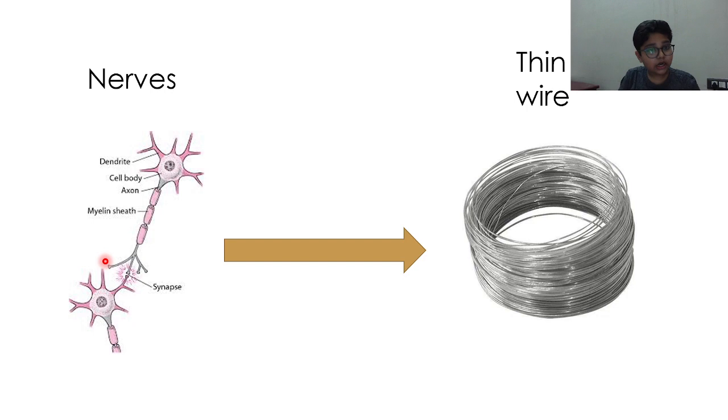So the signal is not out in the open as it goes, but the signal is moved from one nerve to another. Don't be confused, the signal goes through nerves only, and those nerves act as thin wires which carry that signal to the spinal cord. Okay, now let's move on.